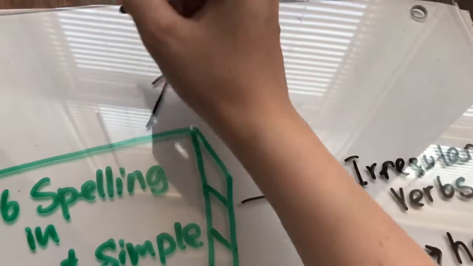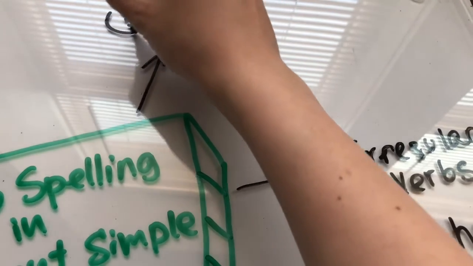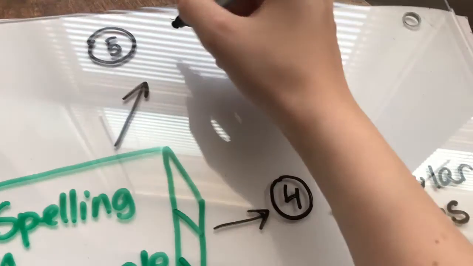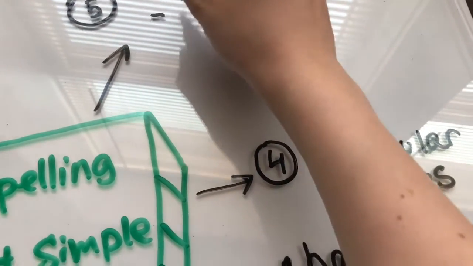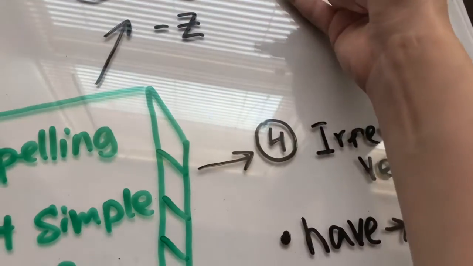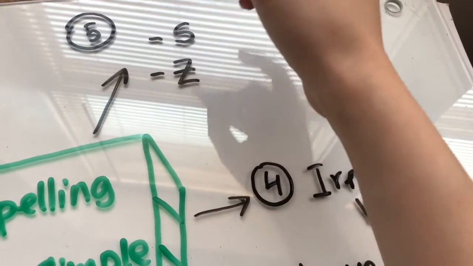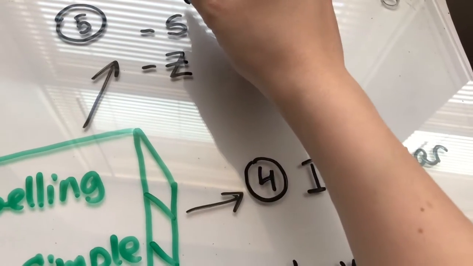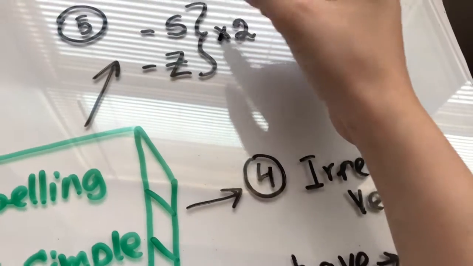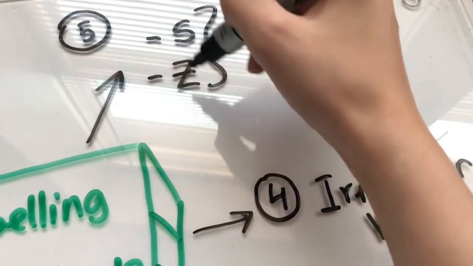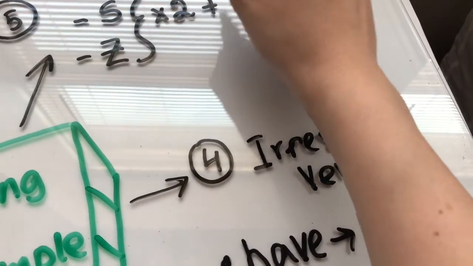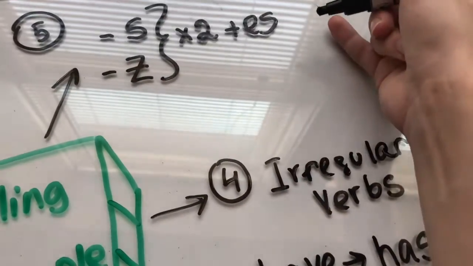Last rule, number 5, concerns the verbs that end on s or z. In these cases, you need to double the last letter. For example, s or z, you need to double them and only then add an ending es.